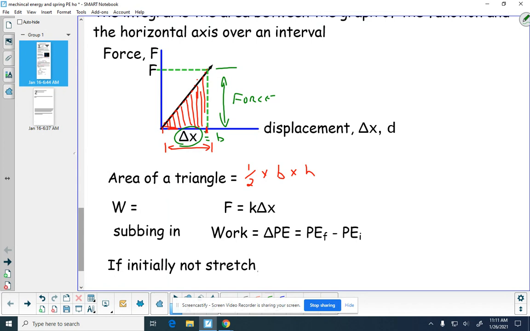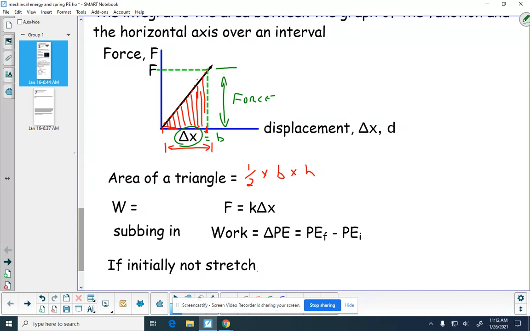So the force that I exert to stretch it gives me a delta x. We have a spring in here. I exert a force to stretch it. Okay? I exert this force to stretch. I have a delta x.